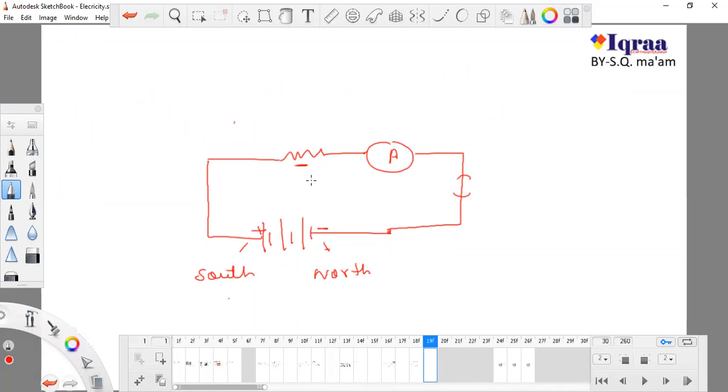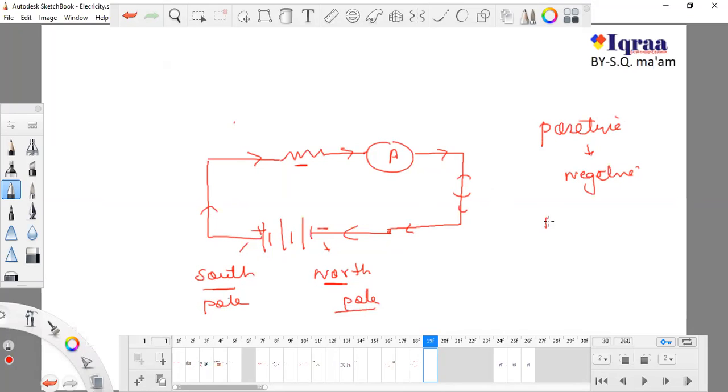Now remember how electricity moves. Electricity moves from positive to negative. We know that electricity moves from positive to negative, like this. It means that electricity moves from south pole to north pole.